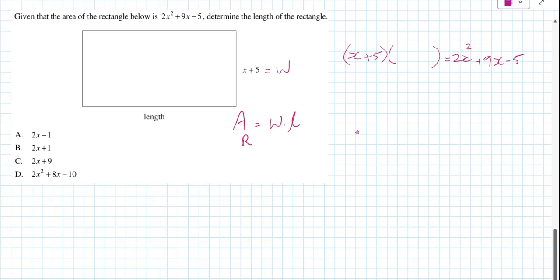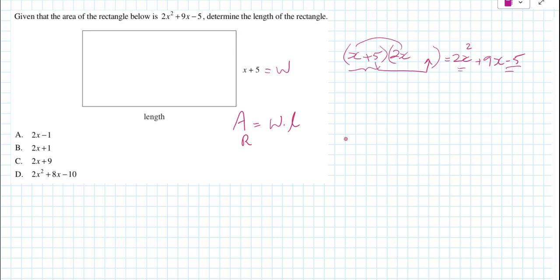All right, so what are we going to do? Well, here is one of the factors, x plus 5. The first term of the second bracket must be 2x, because 2x times x will give you 2x squared. Very good. And then the last term, you're going to have minus 5. So 5 times this last term in the second bracket must give, when you multiply them, minus 5.